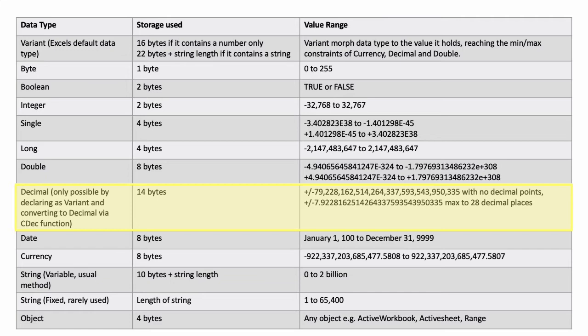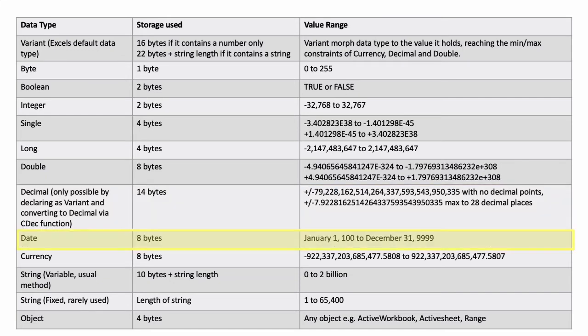However, you do need to convert it to a decimal via this CDec function. So you declare it as a variant, and then you can enter this number. You can then convert the variant with CDec, which will contain one of these large numbers. However, it's highly unlikely, again, that you'll need this level of accuracy, so it's very rarely used.